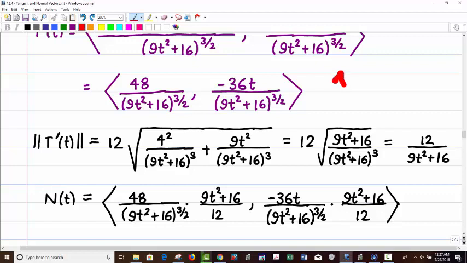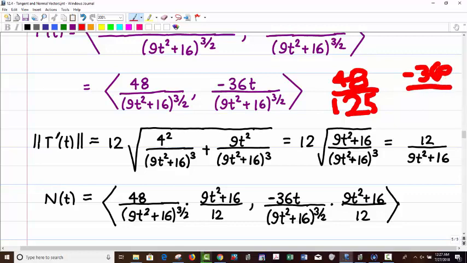This would be 48 over 125. And then put in 1, that would have been negative 36 over the same 125. So I'm not going to write that again. Okay, that's a pretty terrible looking 6. Negative 36 over the same 125.